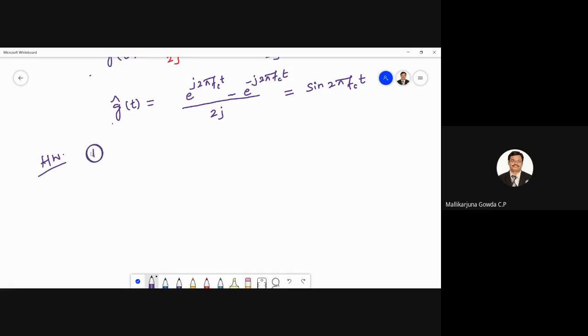First one is find the Hilbert transform of triangular pulse. So I told for square pulse, that is rectangular pulse. Now I am asking you to do it for triangular pulse. Find the Hilbert transform of triangular pulse.